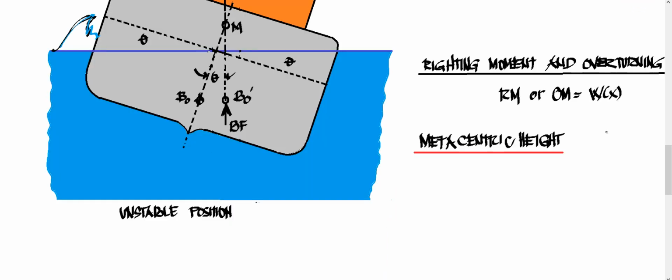Now to determine the metacentric height, we have the equation here: your MG is equal to MBO plus or minus GBO.